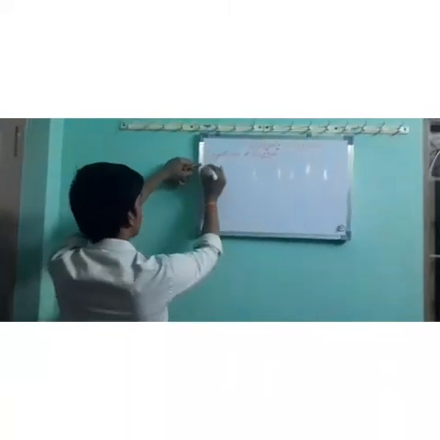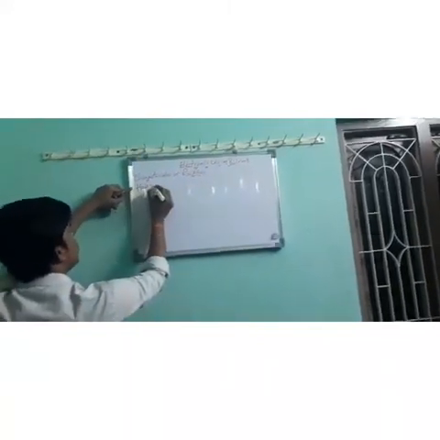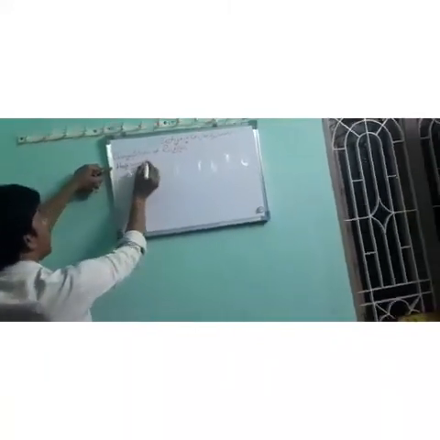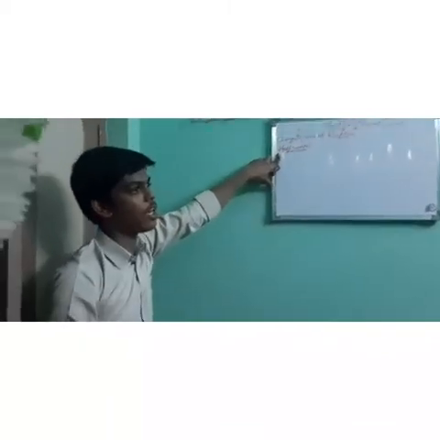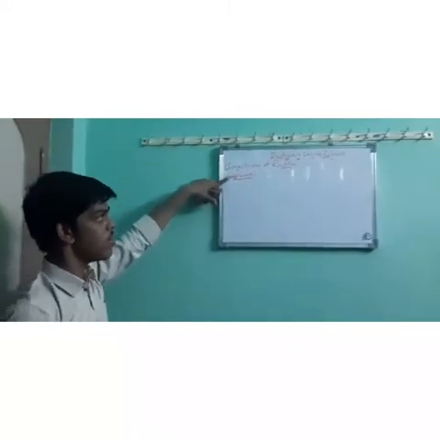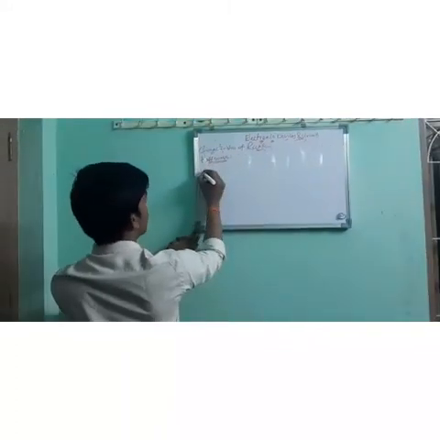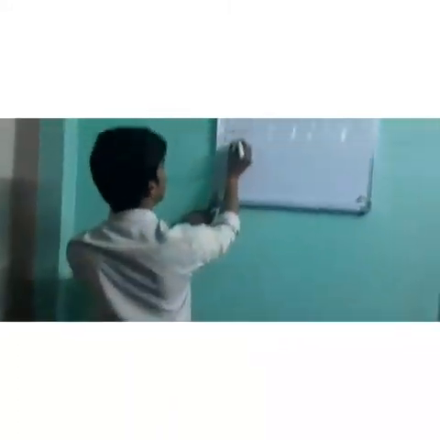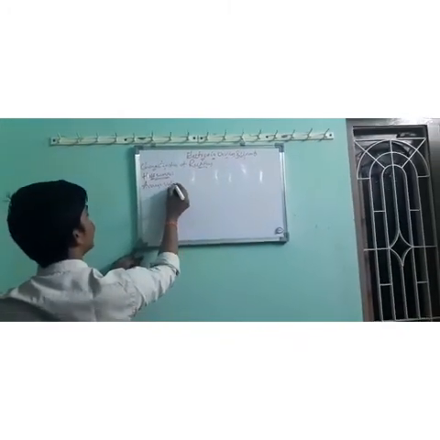First, coming to the half-wave rectifier. In a half-wave rectifier, there are only the positive half cycles, there are no negative half cycles. In the half-wave rectifier, the first characteristic is average value.